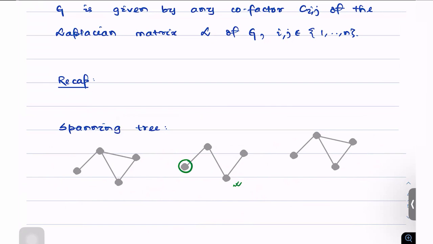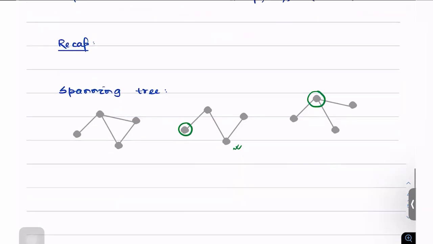So is this the only spanning tree that we get in the network? The answer is no. We can construct yet another graph, which can look like this. We see that in this case, this particular node becomes the root node of a spanning tree.